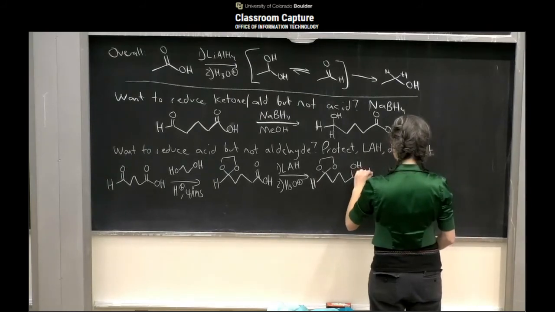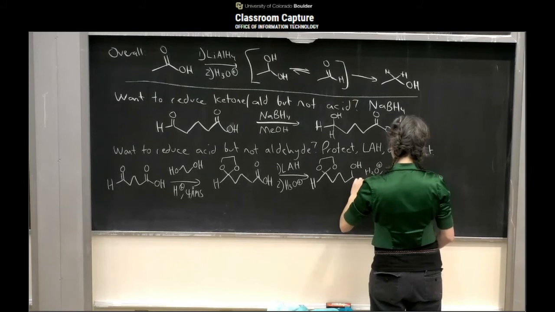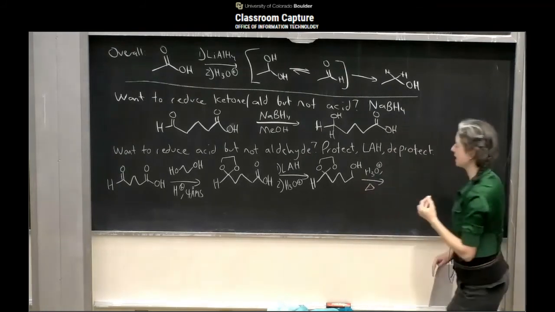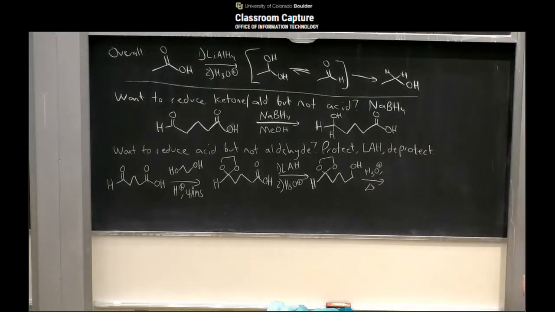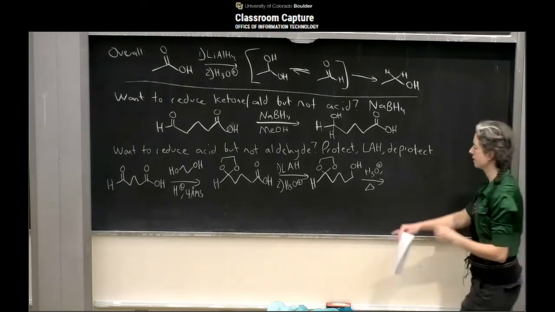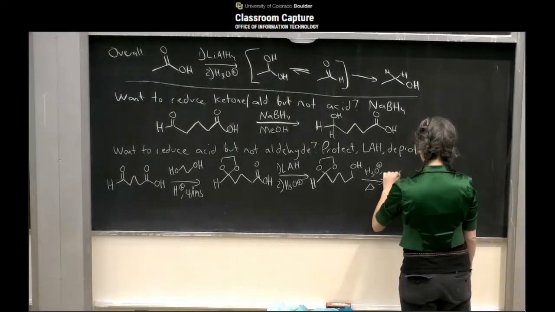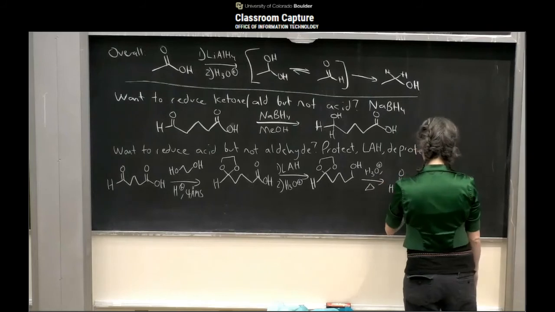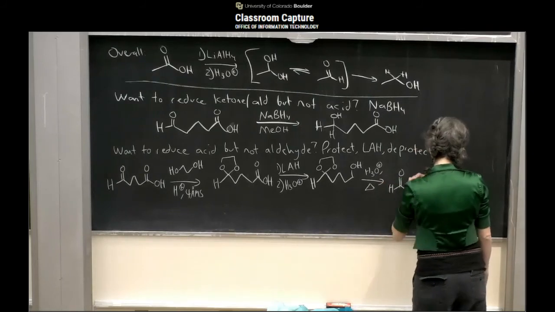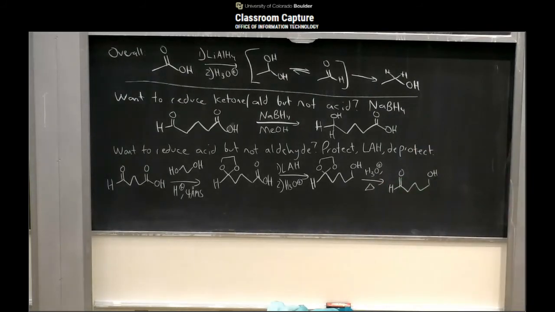So this would involve longer reaction times or higher temperatures than what we use to finish up the LAH step. Okay, and that's how we can affect the acid without actually affecting the aldehyde at the end. Questions about that one?